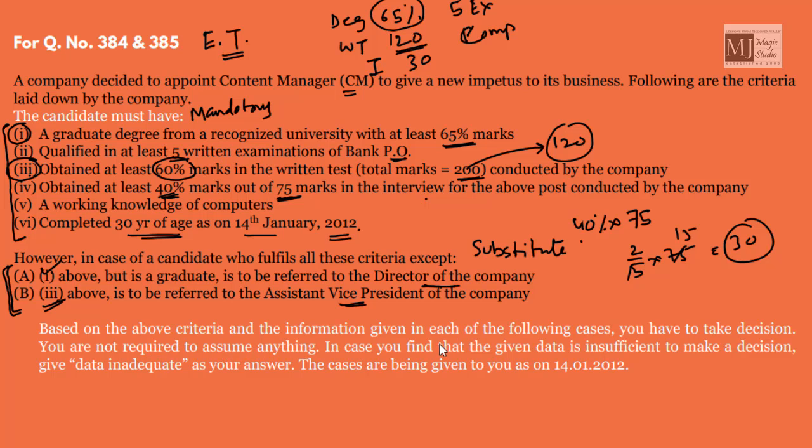Based on the above criteria and the information given in each of the following cases, which I'll show you right now, you have to take a decision. You are not required to assume anything. In case you find that the given data is insufficient to make a decision, give data inadequate as your answer. The cases are all on 14th January 2012.